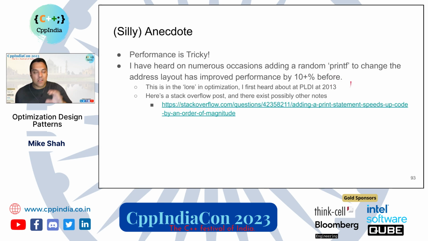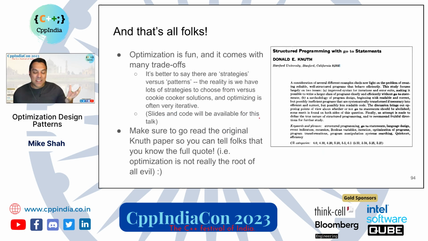Well, the reality was adding that printf shifted things just enough in the code that sometimes you got better results based off of where the memory was laid out. So just some fun notes there. These things exist in the lore. Optimization itself is fun. I really love doing it, and it comes with many trade-offs and strategies. So you have to measure.